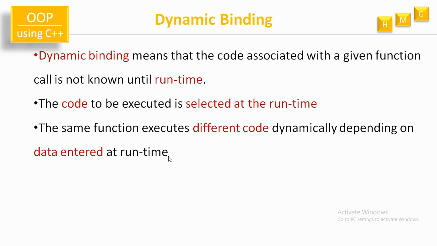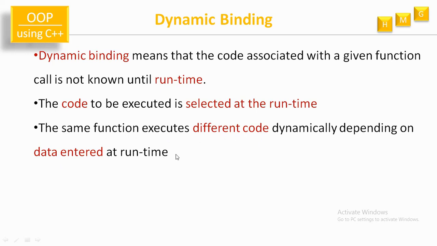When you run the program, depending on what type of data is entered as input, the code to execute will be decided. That is called dynamic selection of code execution.